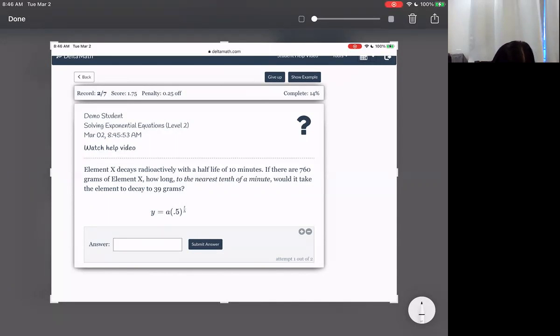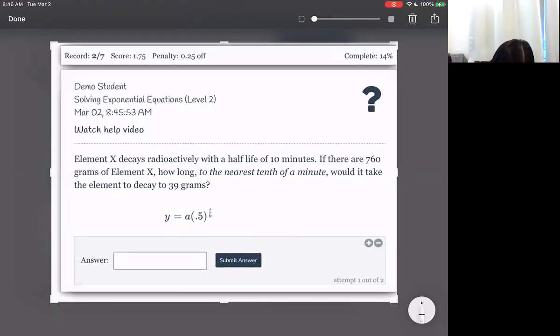So this one's a shrinking amount. And if you look at our equation, this 0.5 is here because we are talking about half-life. 0.5 is half, and every certain amount of time, the amount of the element is going to be cut in half.